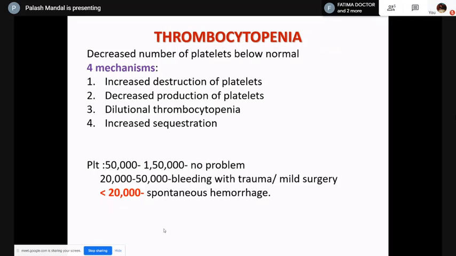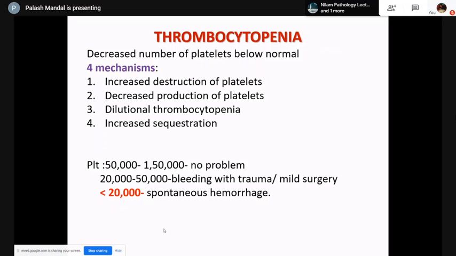Now coming to the practical issue, if a person has a lower range of platelets between say 50,000 up to 1,50,000, that is 1,49,000, let us say, there is actually no problem.